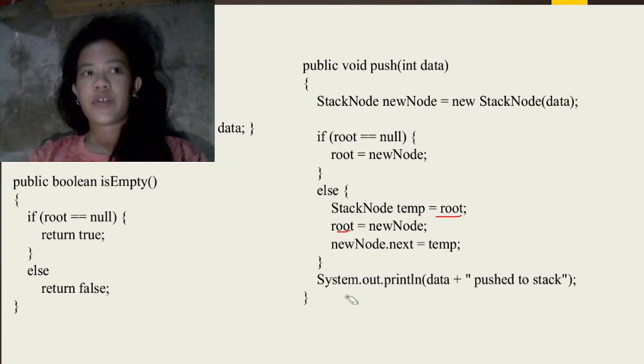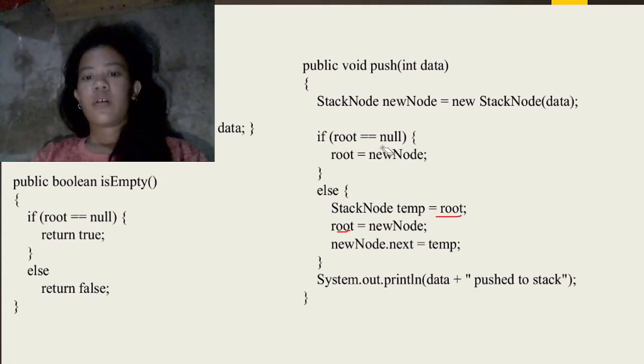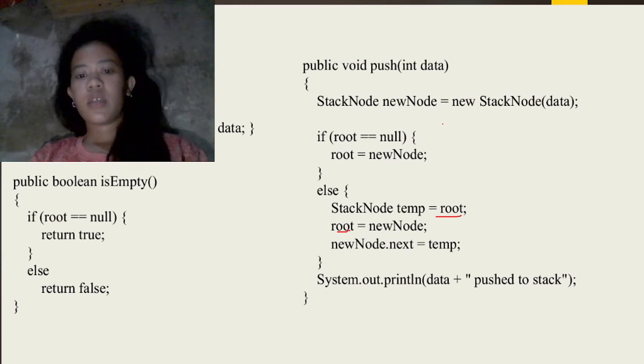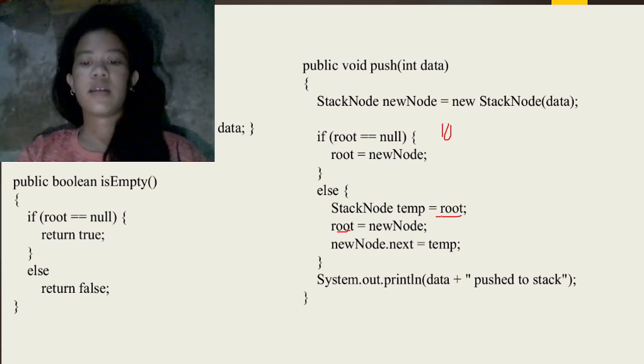Since 10 is the first element that we're going to insert in the stack, it means that we're going to check if the stack is empty or not. The stack is empty, so the first element that we're going to insert is the root or the new node.